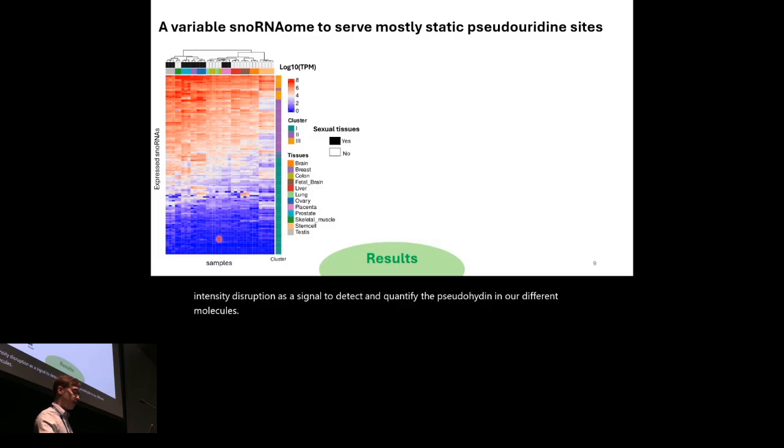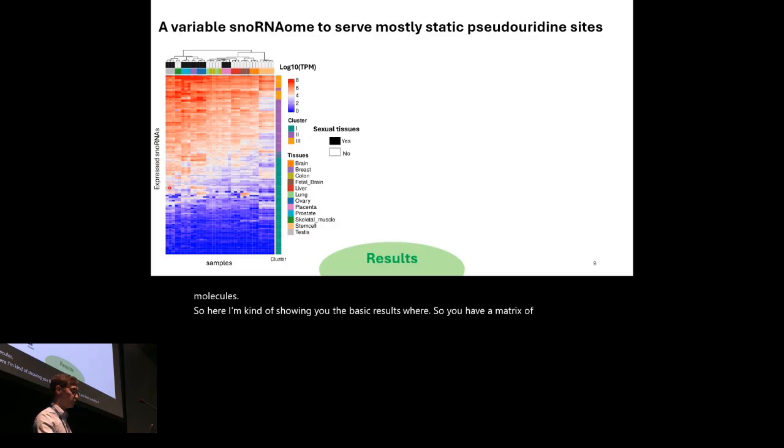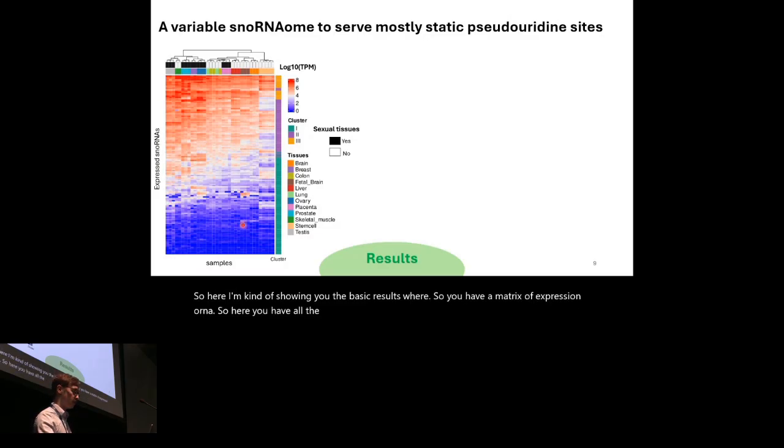So here I'm showing you the basic results, where you have a matrix of expressed RNAs. Here you have all the expressed RNAs along my different samples. If you group them, you will notice that there is basically one group of highly expressed RNAs that are constantly expressed along all my samples and my organs.